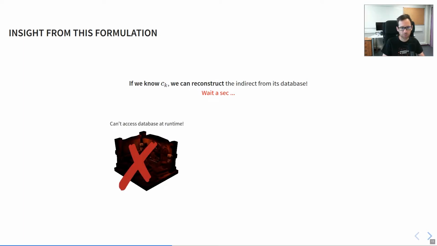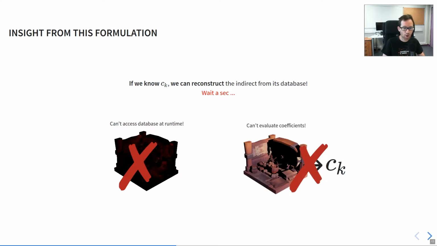First, we don't have access to the database of indirect illumination at runtime, and this would weigh too much memory and require too many texture fetches to be viable. Second, we don't know how to evaluate the weight coefficient for a given direct illumination configuration.